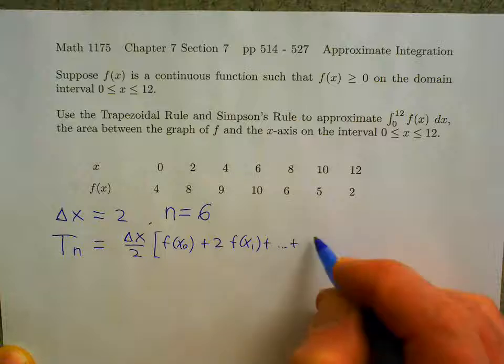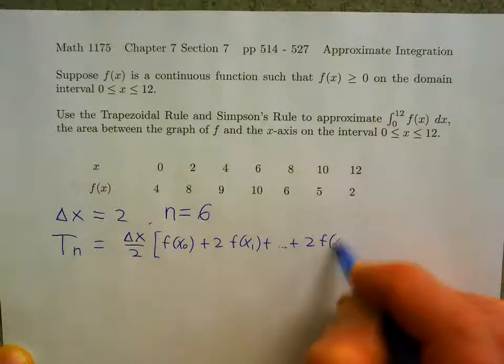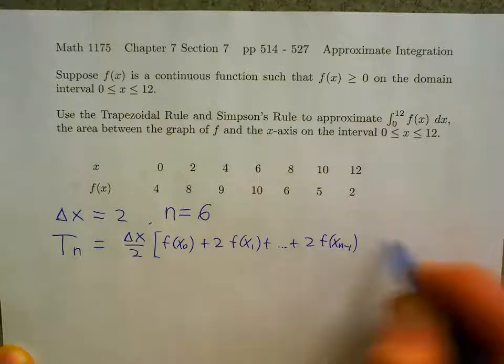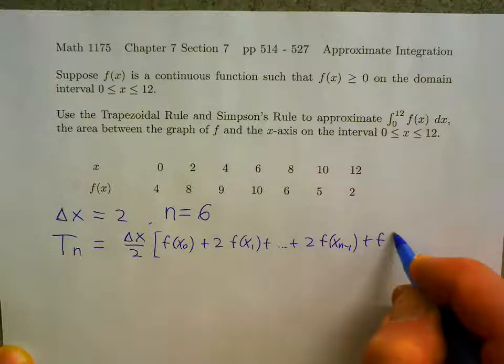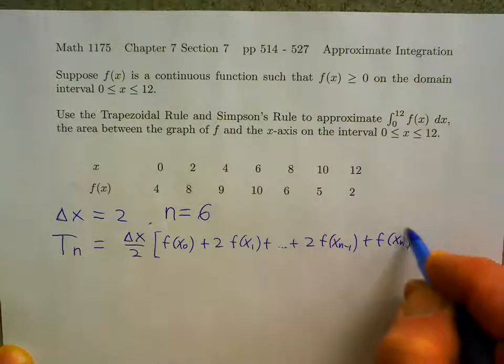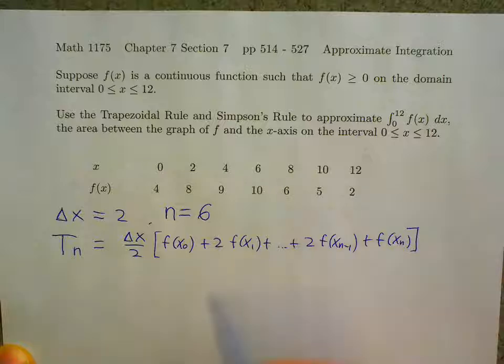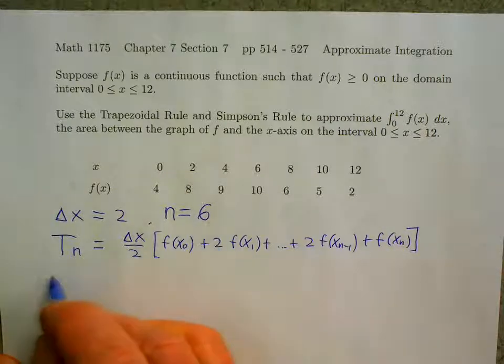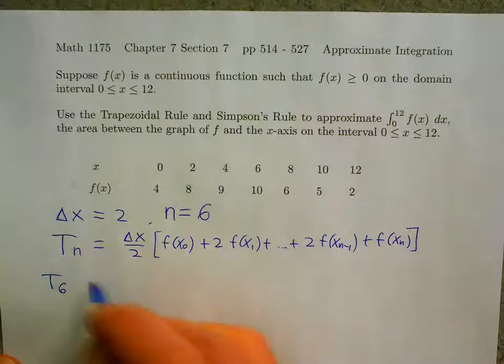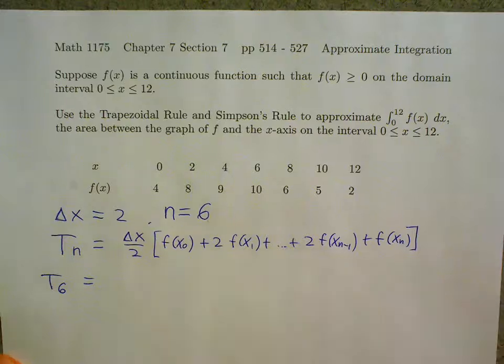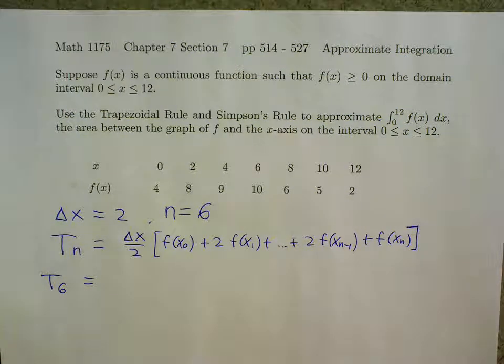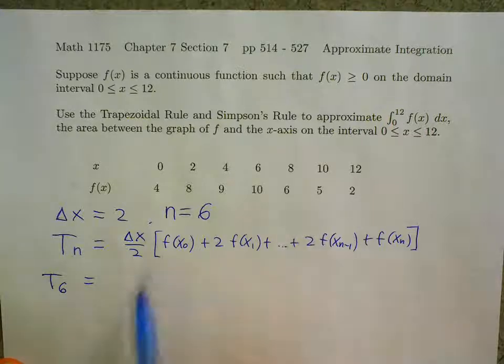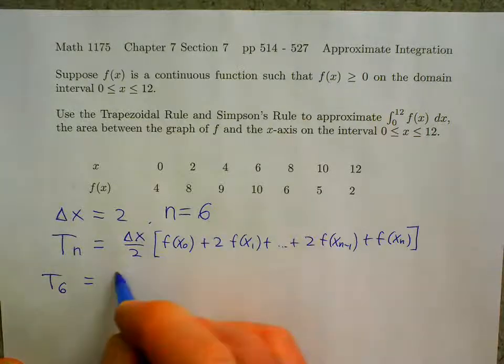At the other end, 2 times f of x of n minus 1 plus f of x of n. So if n equals 6, the trapezoidal rule for n equals 6 is denoted T sub 6. Delta x is 2, so 2 divided by 2.